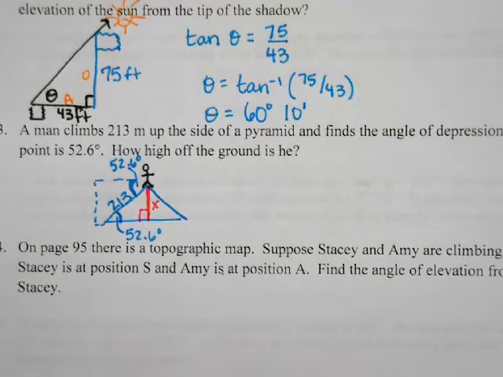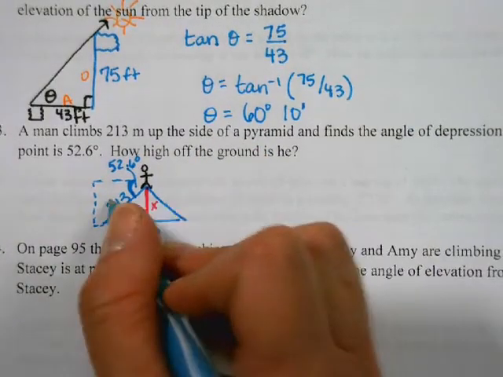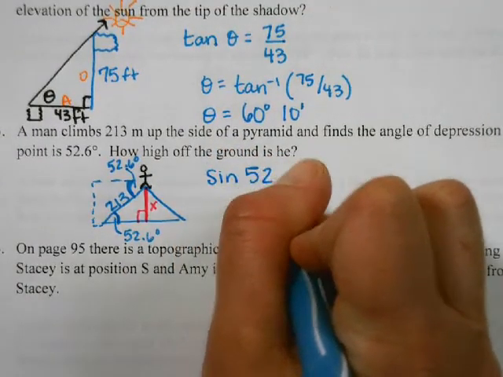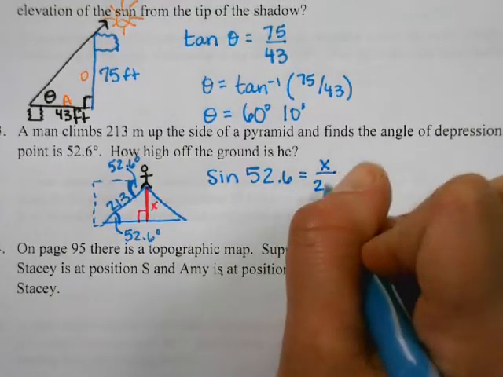Okay, which trig function do I want to use? Sine. I have opposite and hypotenuse, so the sine of 52.6 is equal to opposite, which is x, over 213.